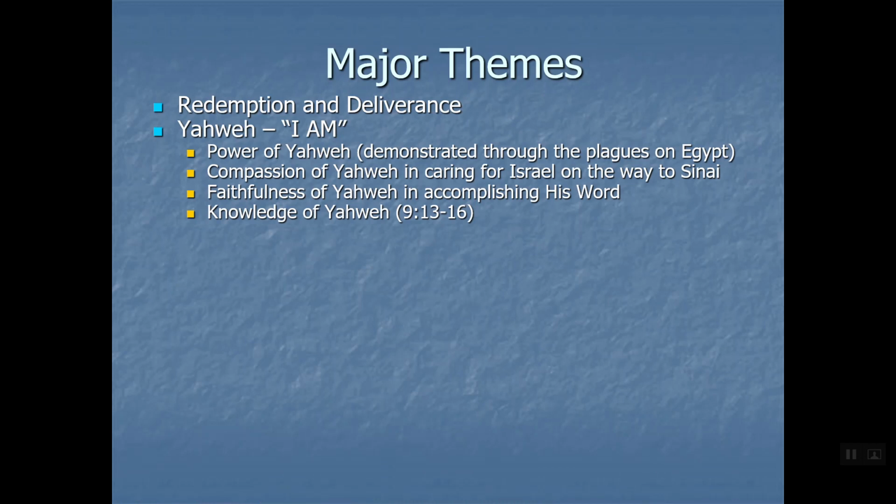I want to read Exodus 9:13 through 16. This is before the 7th plague. The Lord said to Moses, rise up early in the morning and stand before Pharaoh and say to him, thus says the Lord, the God of the Hebrews, let my people go that they may serve me. For this time I will send all my plagues on you and your servants and your people, so that you may know that there is no one like me in all the earth.